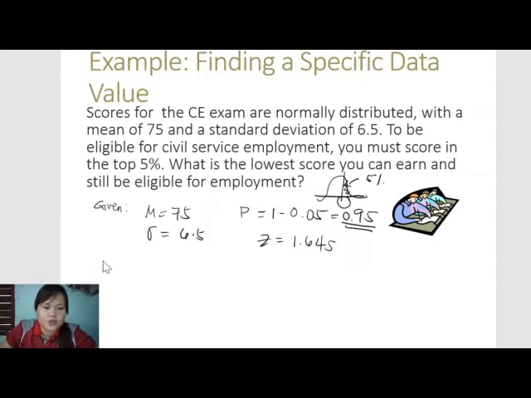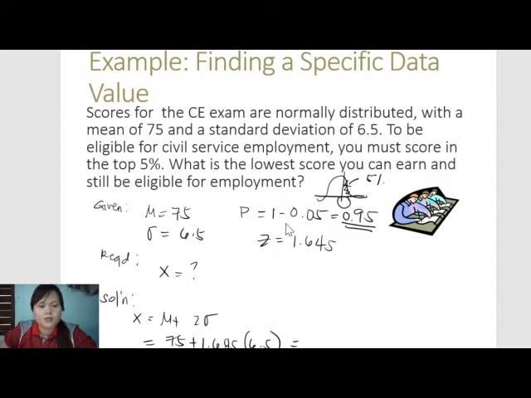And we can now proceed to getting the required lowest score. So, solution, x is equal to mu plus z times sigma, is equal to 75 plus 1.645 times 6.5 equals 85.69.